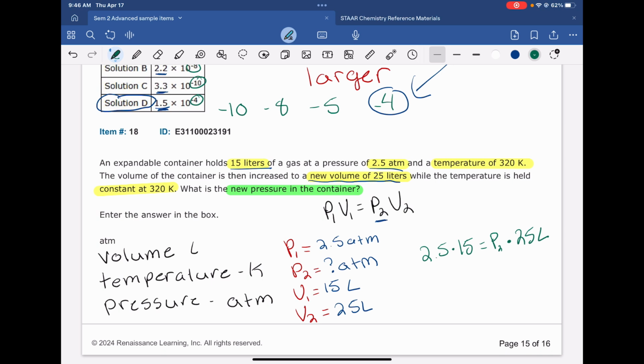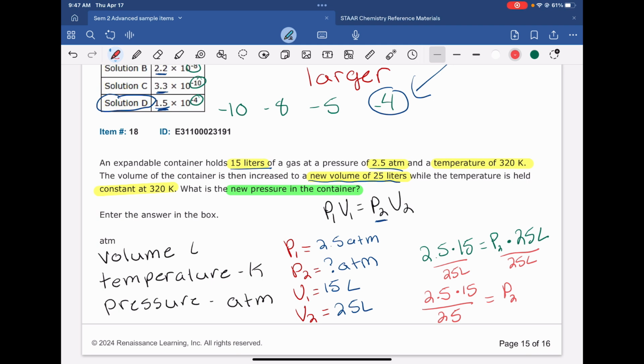Okay, in order to get P2 by itself, we're going to have to take away the 25. In order to do that, the opposite of multiplication is division. So we're going to divide each side by 25 liters. And that gives me 2.5 times 15 divided by 25 equals P2.